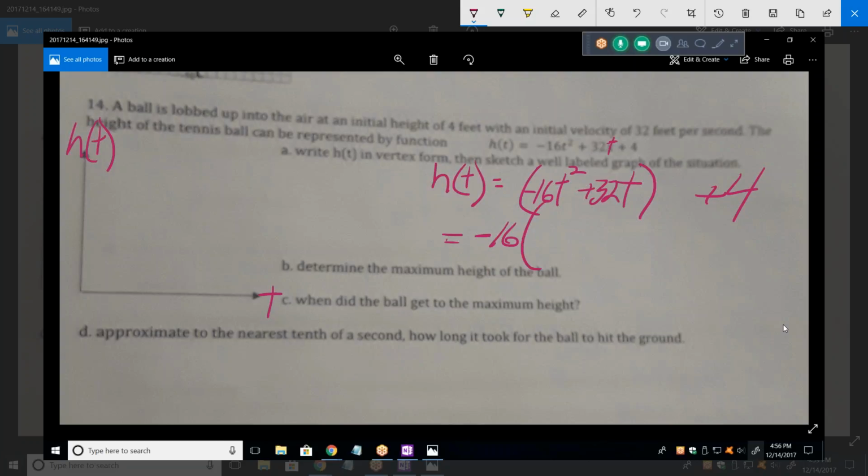What are you left with? 16 on the outside, and then negative. t squared minus 2 t. Okay, now here's where I leave room to complete the square.